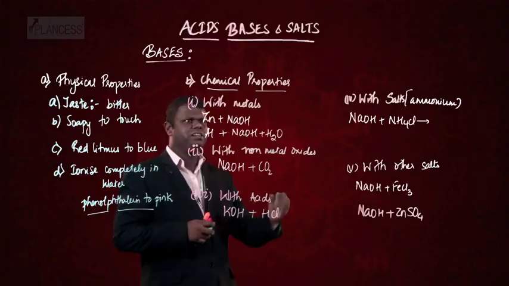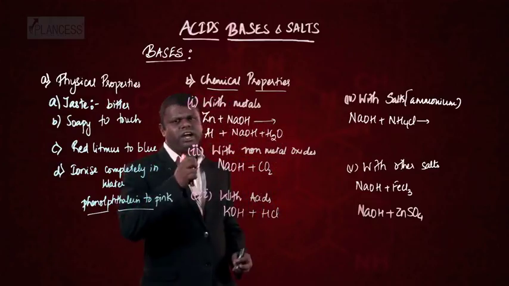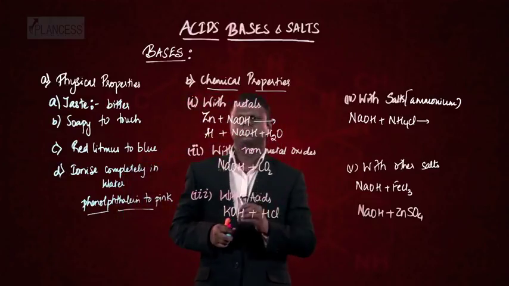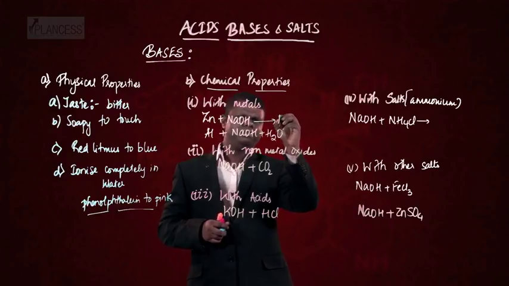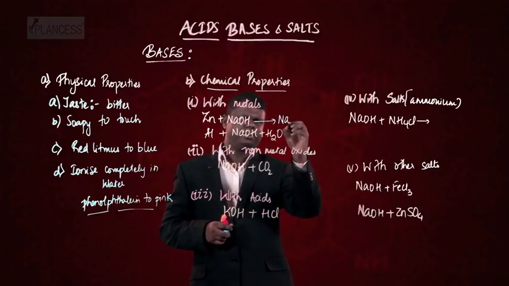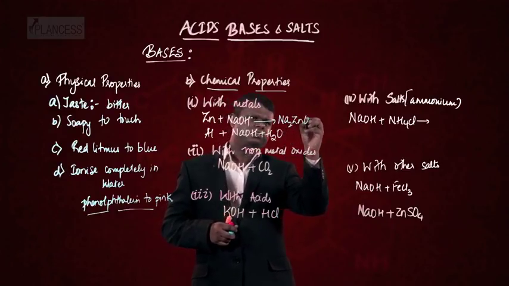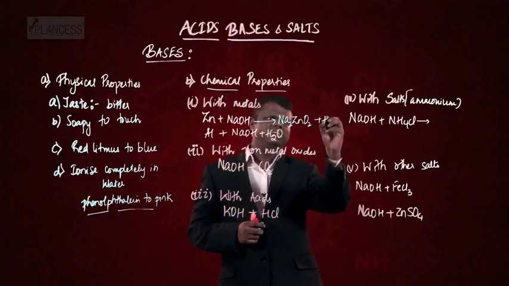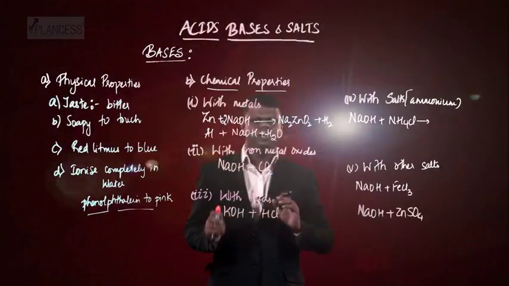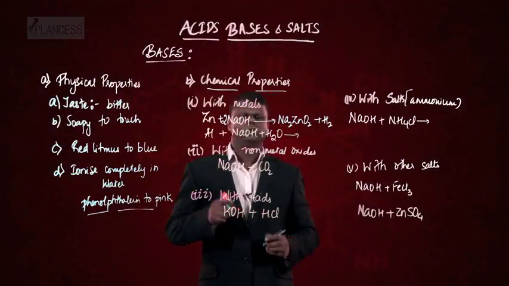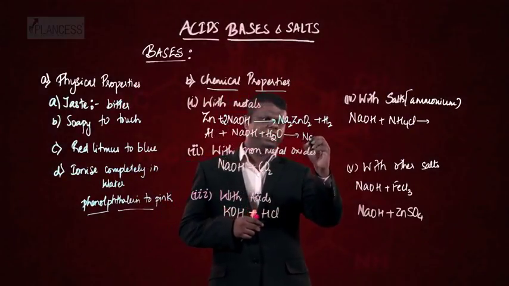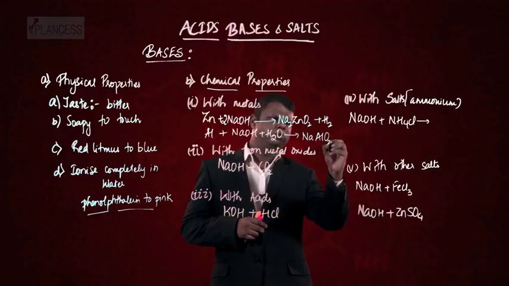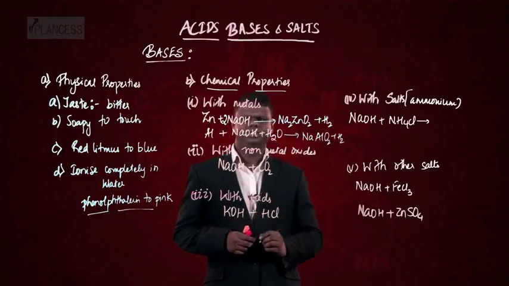So with metals, they liberate hydrogen gas. Zinc reacts with sodium hydroxide forming sodium zincate, releasing hydrogen gas. With aluminium, it forms sodium meta-aluminate, that is NaAlO2, and liberates hydrogen gas.